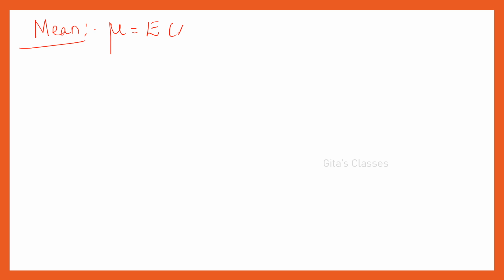E of x. What is E of x by definition? Sigma x varies from 1 to infinity x into p of x, p of x equal to x, right? So this is equal to sigma x varies from 1 to infinity x into, what is p of x?